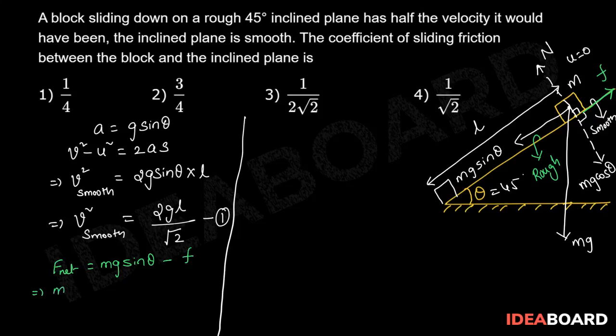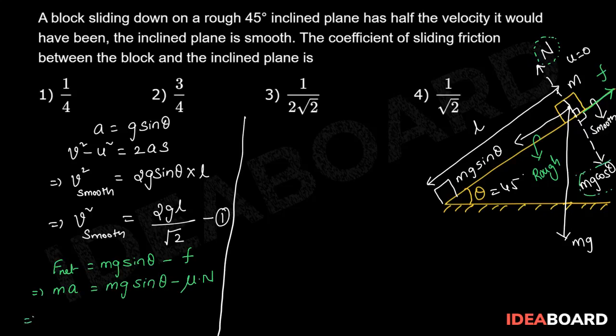F net is written as mass into acceleration, which is equal to mg sin theta minus frictional force, written as mu times the normal reaction force, and according to the FBD, the normal reaction force is balanced by mg cos theta.